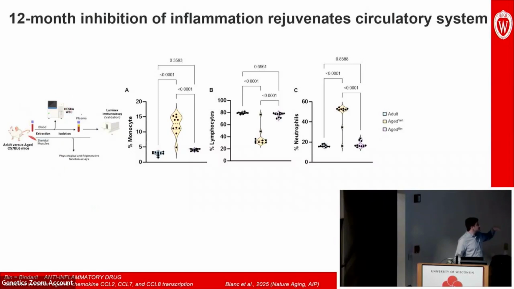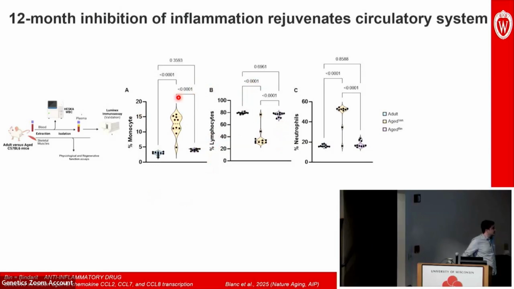And so those mice, just wild-type mice, were basically treated weekly with this inhibitor for 12 months of their life, from 12 months on to 24 months of age. This is just a confirmation that the anti-inflammatory drug works. We found that after 12 months of treatment, the amount of circulatory monocytes or lymphocytes change, right?